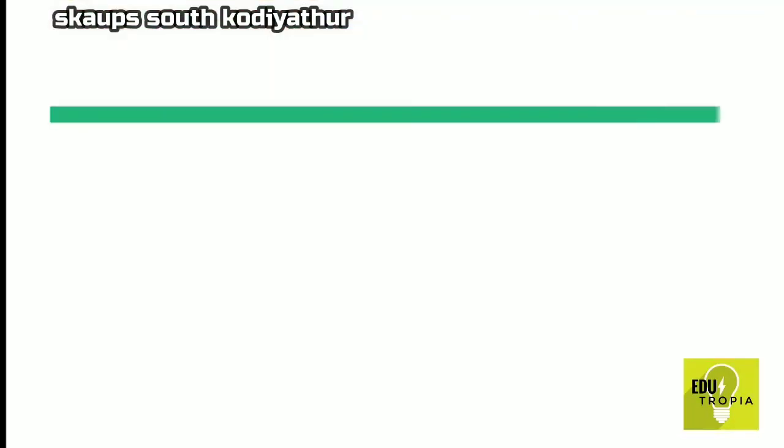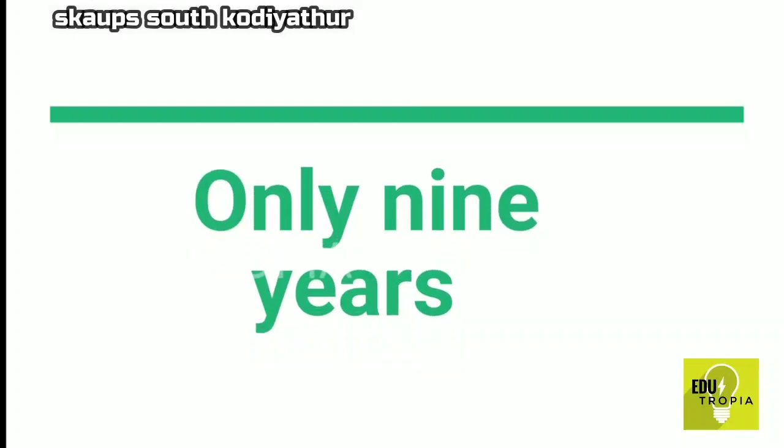That is after 9 years. Our independence freedom struggle occurred in 1947, then in 1956 our state was formed. Then what is the difference between these years? Only 9 years.